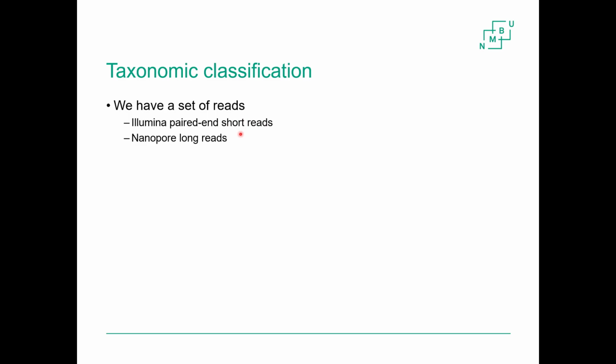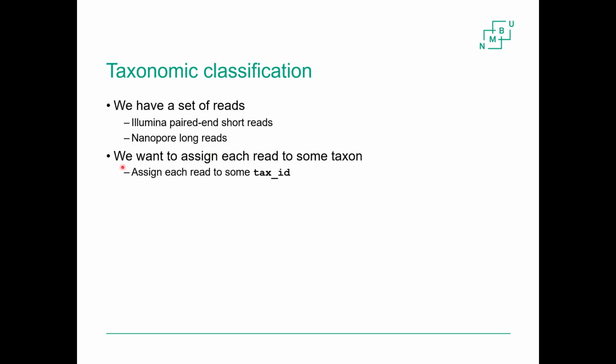And all kinds of other reads, right? Whether it's single or paired end doesn't really matter. The only difference is that if it's paired end, the pair of reads is classified together, as you should expect. So we want to assign each read, or read pair if it's paired, to some taxon.